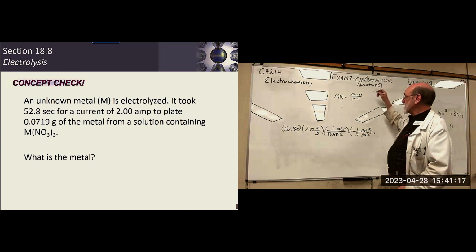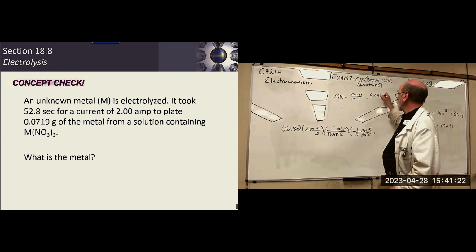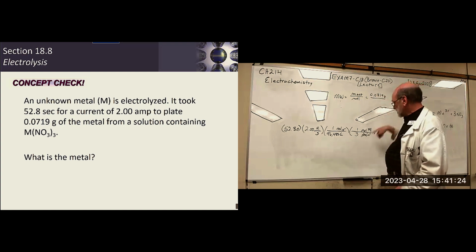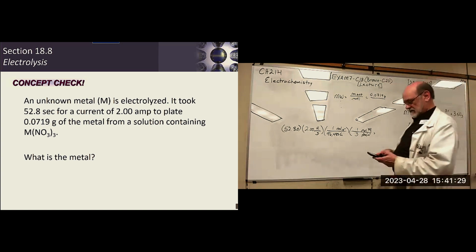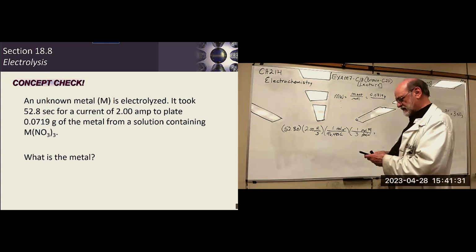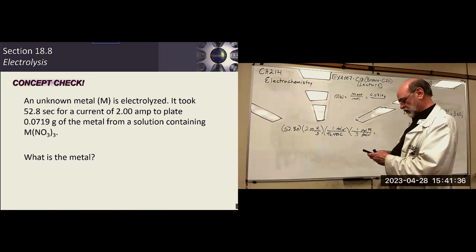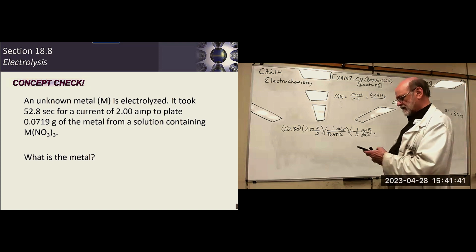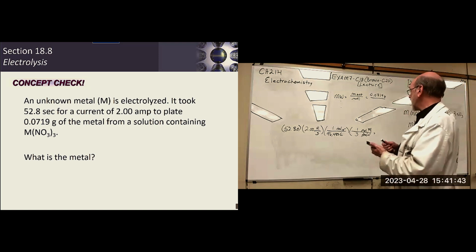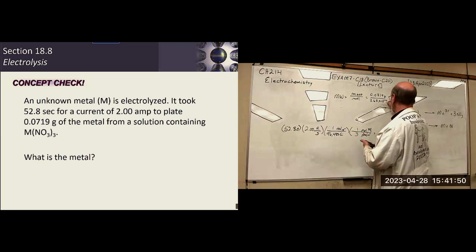So that will fill this, and we know that the mass is 0.0719 grams. So we just need to solve that one for the moles of the metal. Let's see, 52.8 times 2 divided by 96,485 and divided by 3. So this is 3.65 times 10 to the minus 4 moles.